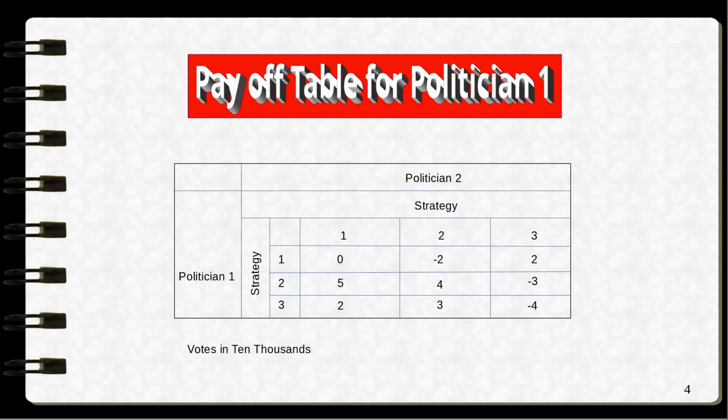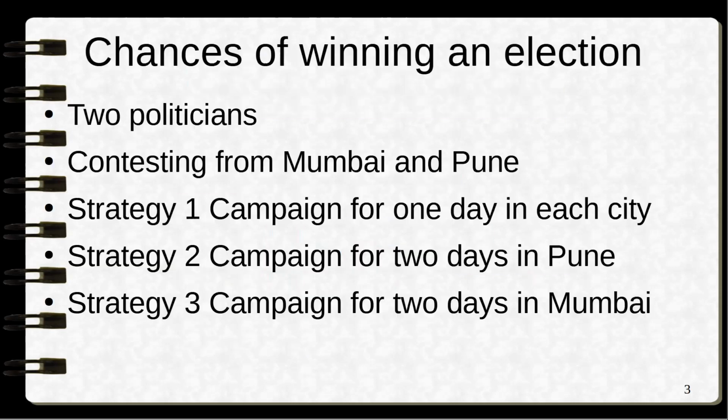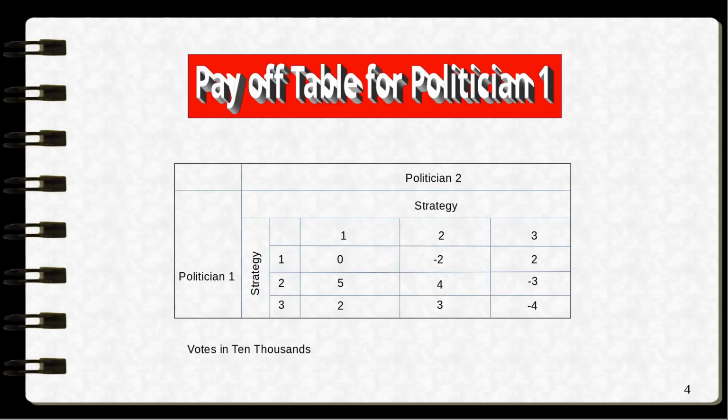So they have some idea of the likely votes that a politician would get in case he campaigns in a certain city. So this is the payoff table for politician 1, where if politician 1 uses strategy 1, that is, in each city he campaigns one day, then what would he get?